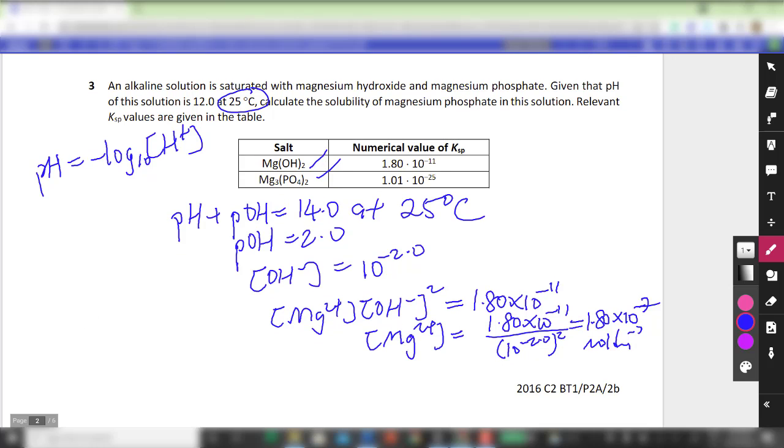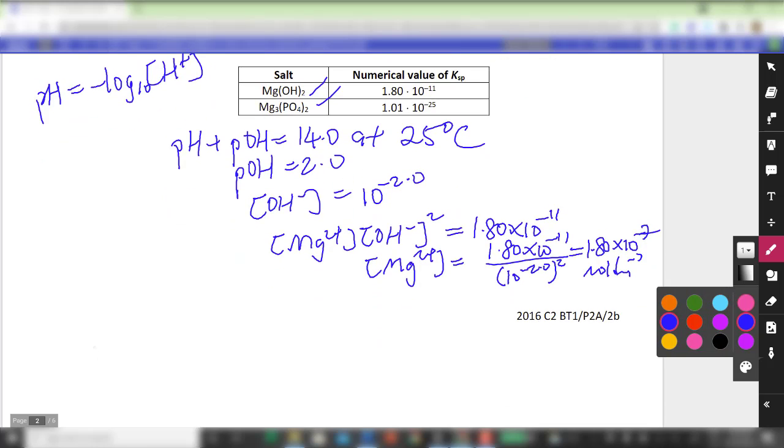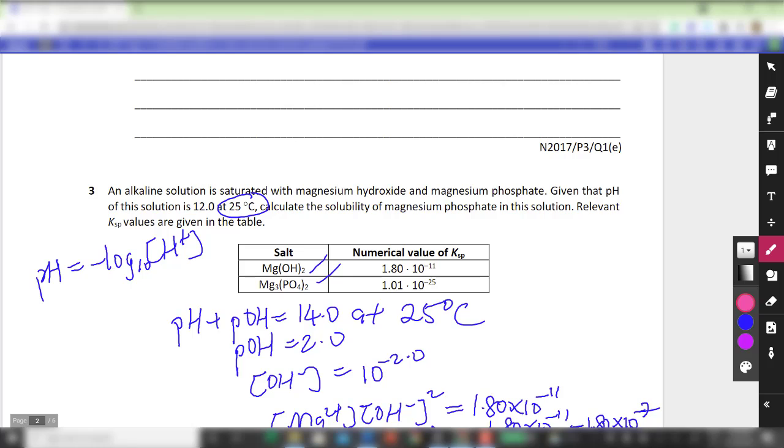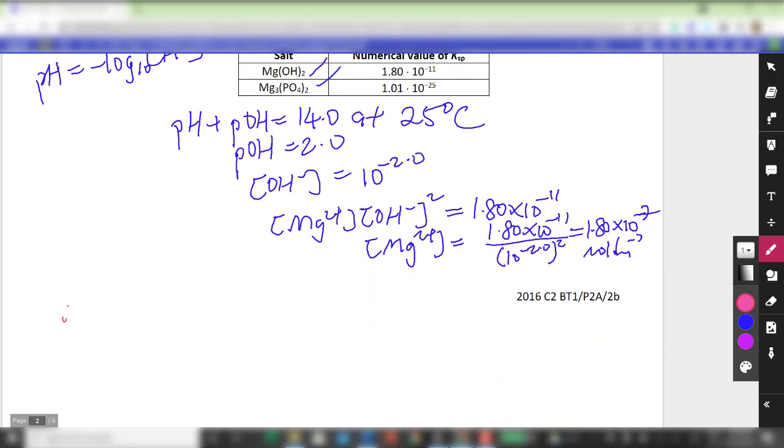You might want to be aware that for a system at equilibrium containing two different salts, the amount of the ion common to both must be consistent for both equilibria. Because we have a system that contains magnesium hydroxide, a solid, it equilibrates to give us Mg2+ aqueous plus 2OH- aqueous.